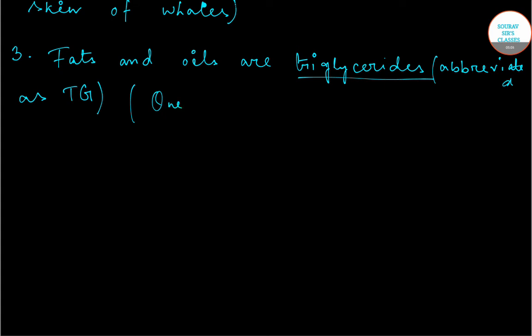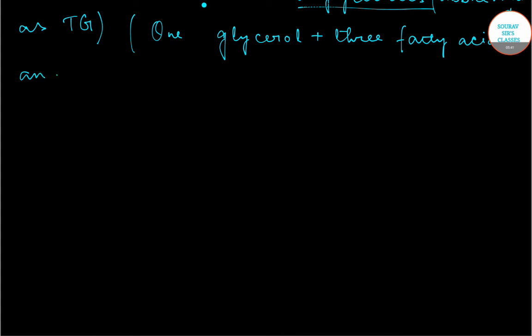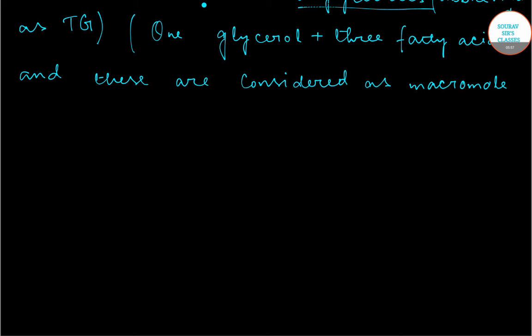It is 1 glycerol plus 3 fatty acids. So fats and oils are triglycerides that are basically made of 1 glycerol and 3 fatty acids, and these are considered macromolecules of the lipids.